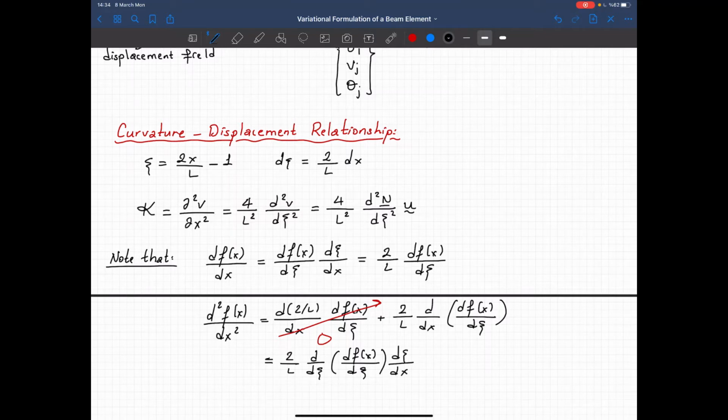Again I use the chain rule, and again we know that this expression is equal to 2 over L. So as a final step, I obtain the second derivative of any function, d squared f of x over dx squared, to be equal to 4 over L squared multiplied by d squared f of x divided by d psi squared. That's the relationship.